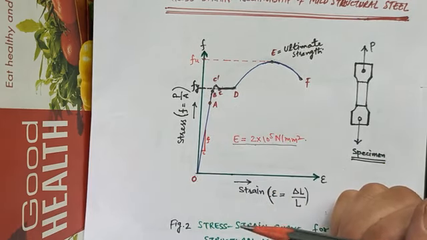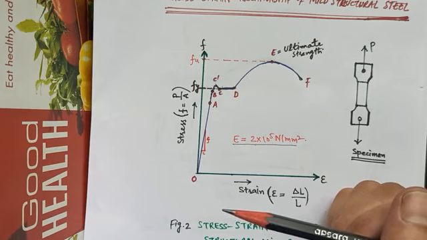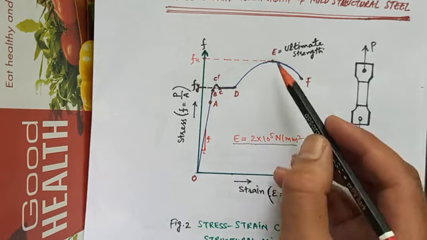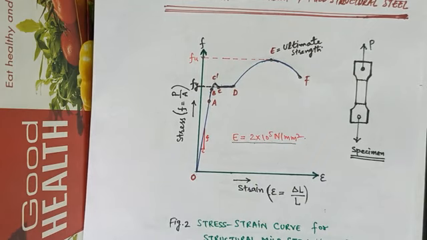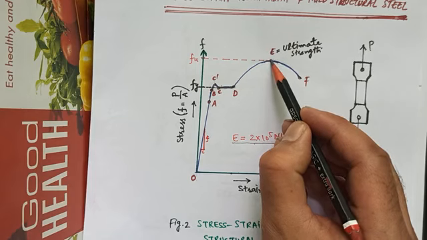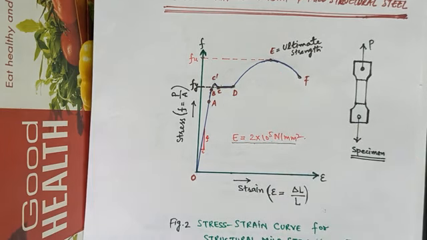So ultimate tensile strength, or the minimum ultimate tensile strength, is given by the ratio of the ultimate tensile load, that is the maximum load, divided by the original cross-sectional area of the specimen.